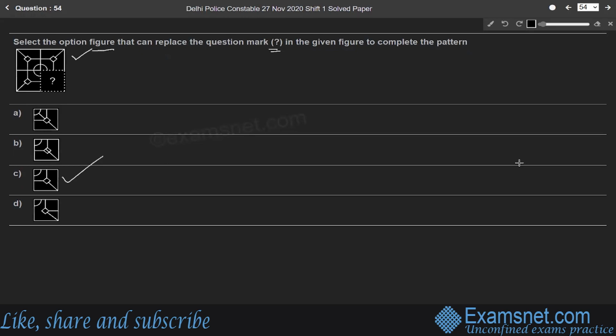The first part will complete the circle, the center part of the figure, and coming to the second part, this completes the square portion and also the rhombus part, and one more which joins like this. Therefore, option C is the right answer.